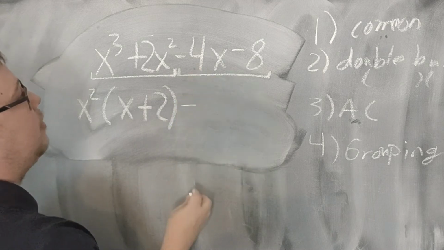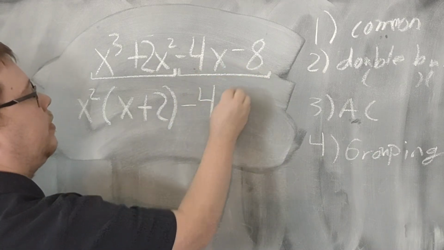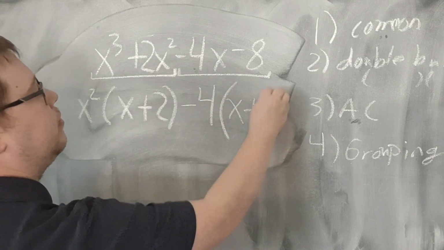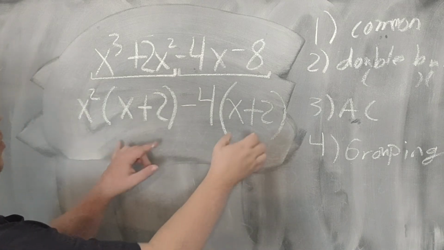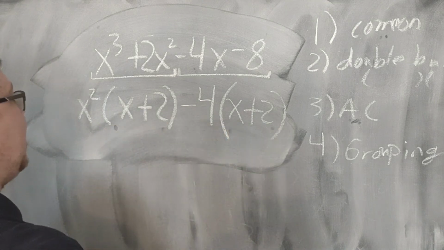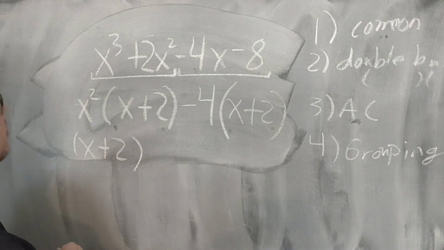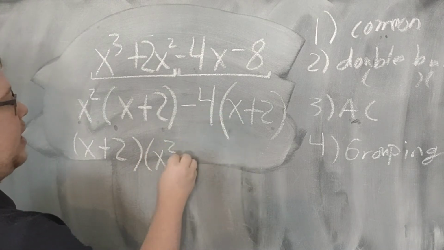I can also pull out a 4 between 4 and 8. I'm left with x plus 2. Since I pulled out the negative, it's a plus. And we got lucky. x plus 2 can be pulled out of both parts. So we're left with x squared and minus 4.